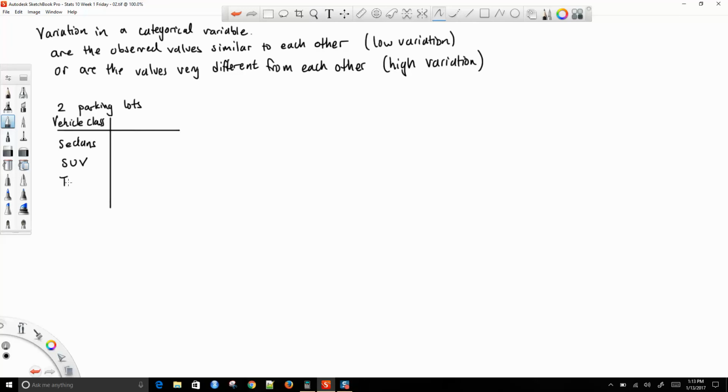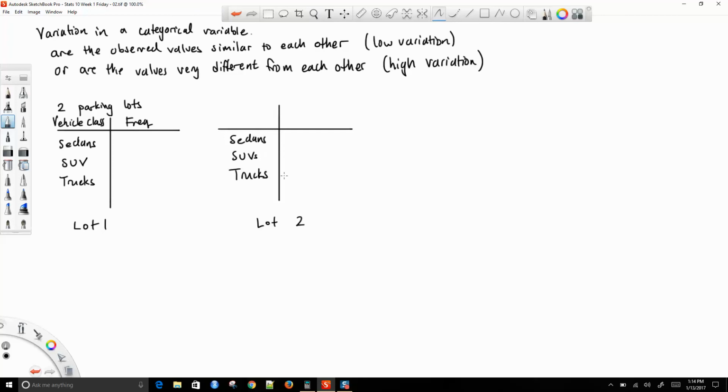I know there are more types of cars, but let's say this is lot 1, and over here we've got lot 2. So we have sedans, SUVs, and trucks.